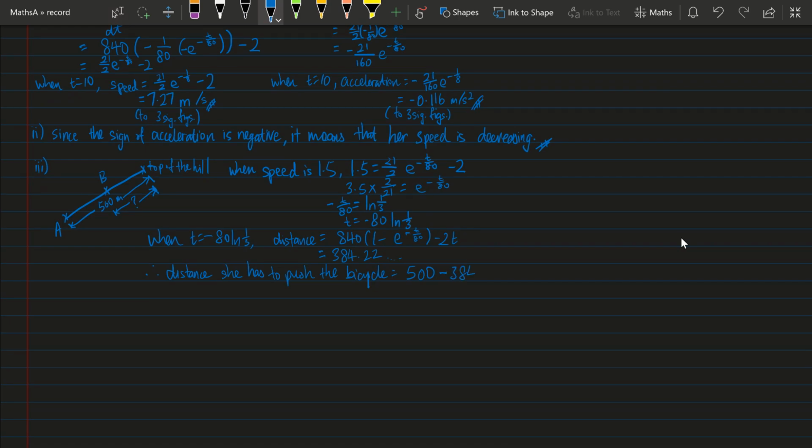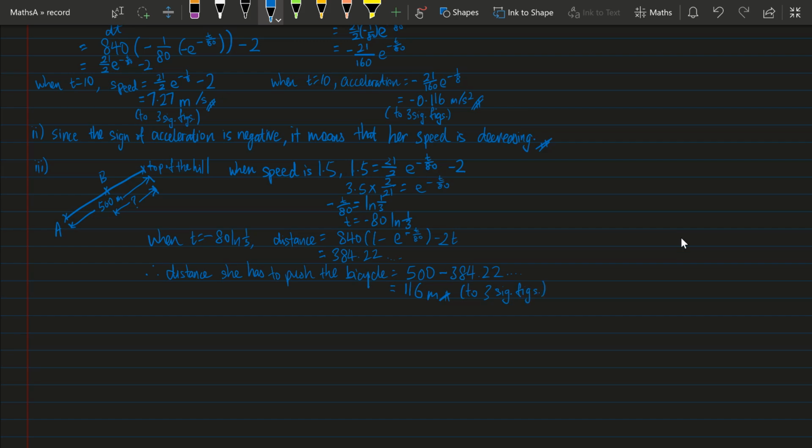I just found the previous part as 5 significant figures, so that when I round off at my final answer, the 3 significant figure answer will be accurate. So 116 meters, and also, as always, remember to write down it is 3 significant figures.